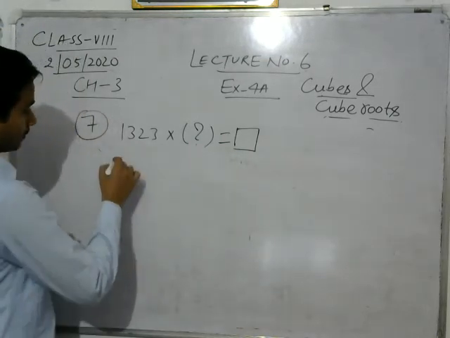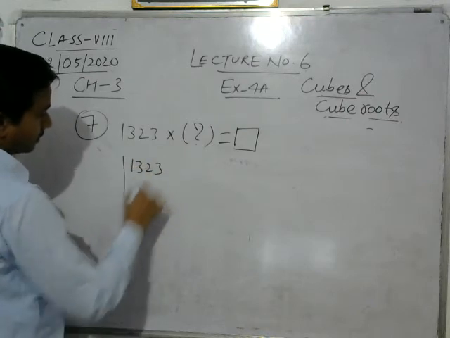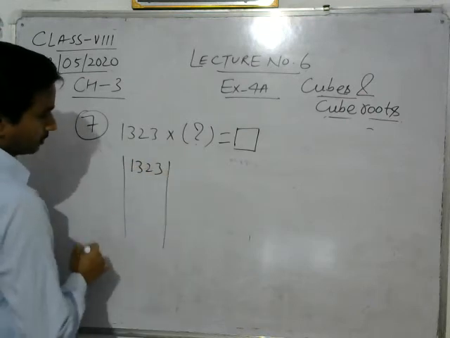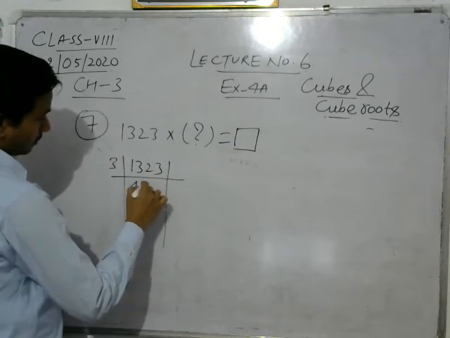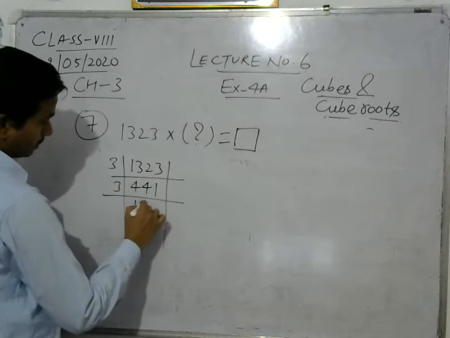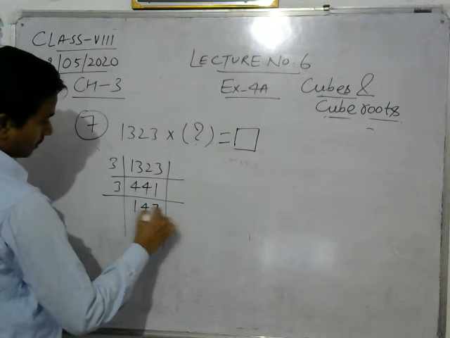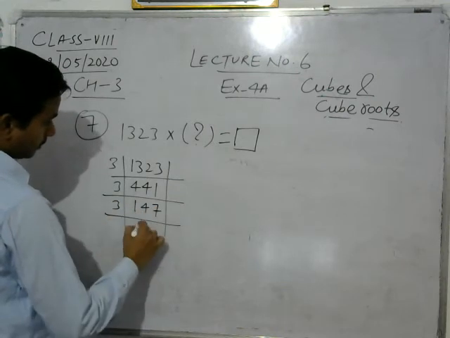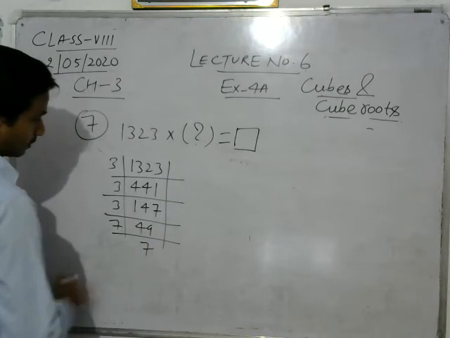In order to solve this problem, first find the prime factorization of 1323. Divide by 3, 441. Again divide by 3, 147. Again divide by 3, 49. Then 7, 7.